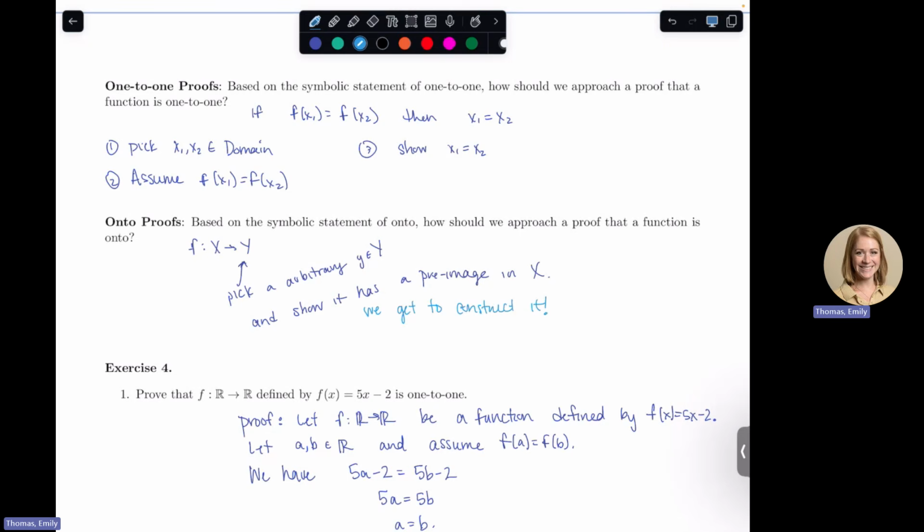Now that's kind of weird because we're going to build an x, and you're like, well, have I proven it for everything? Yeah, because your y is arbitrary. So even if your x depends on that y, it's okay. So that says construct.